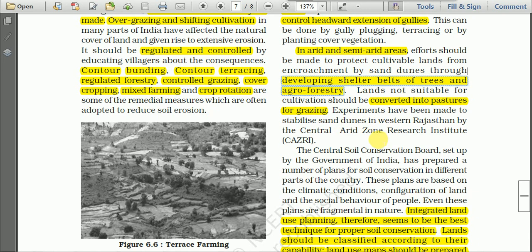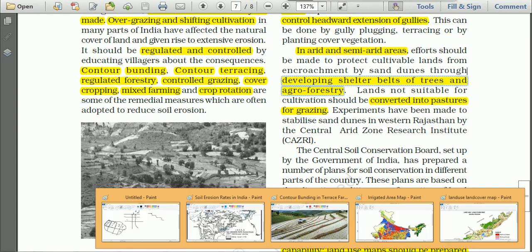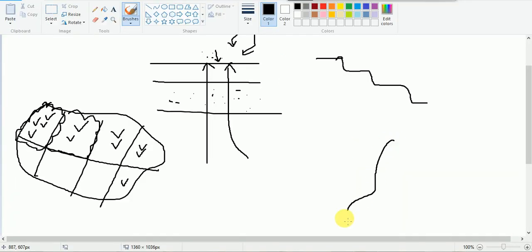So in the desert and semi-desert areas, extension of sand dunes can be checked by developing these shelter belts. Say for example, this side is a desert area. Here we have sand dunes. These are the different sand dunes, let us say.